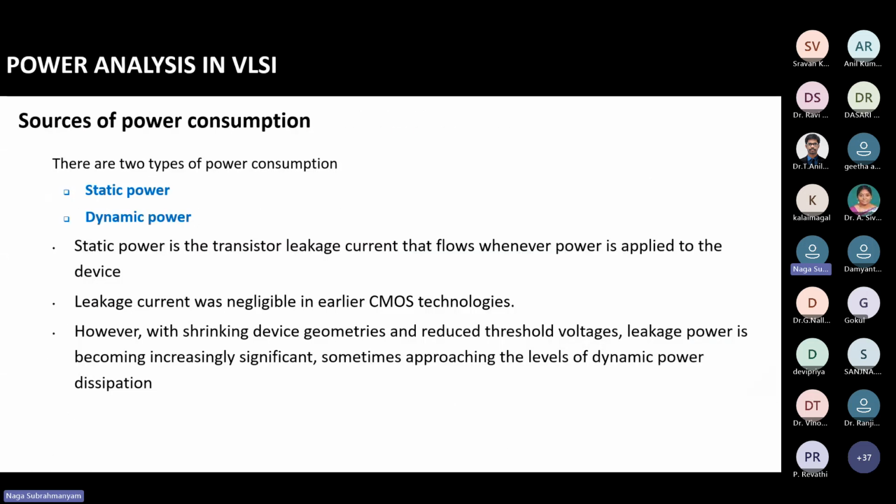What are the various sources of power consumption? There is static power consumption, and there is dynamic power consumption. Okay, the main source of static power consumption is leakage current. Because of that leakage current, so much power is consumed. Nowadays they're trying to reduce the leakage current when there are a million subsystems on a chip.